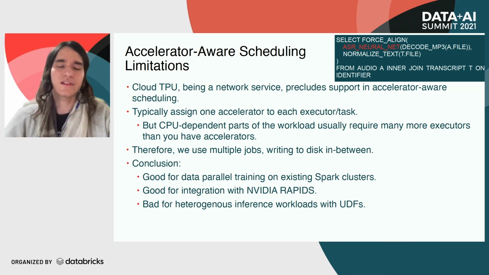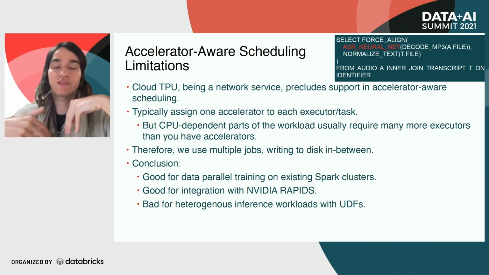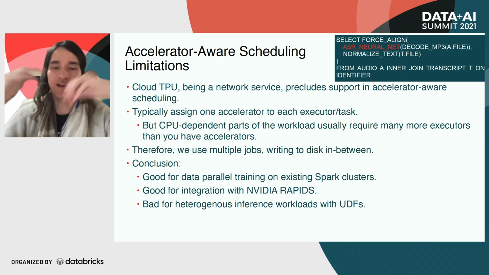But there's more reasons than just that. Even if you're using GPUs or something else which does support accelerator-aware scheduling, what you'll probably find, especially if you use a lot of user-defined functions, which is what we do, is that the number of CPUs you need greatly exceeds the number of accelerators that you need.